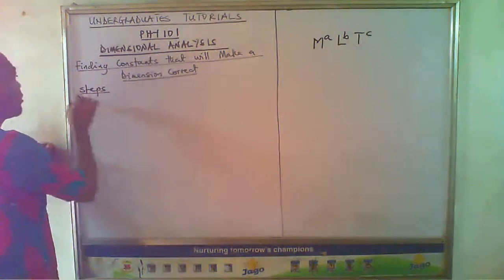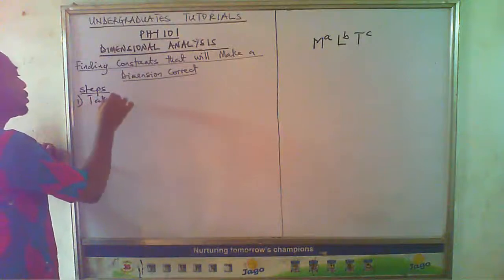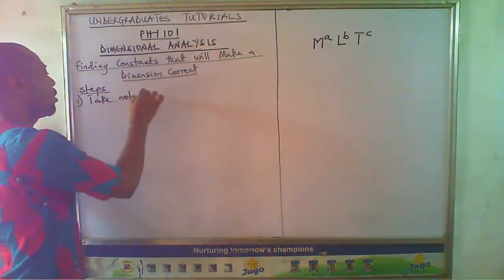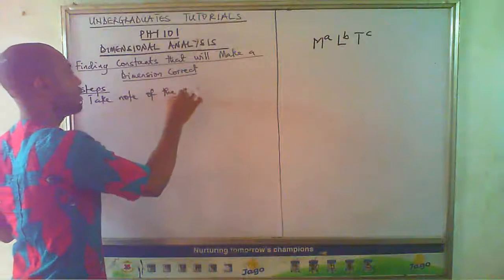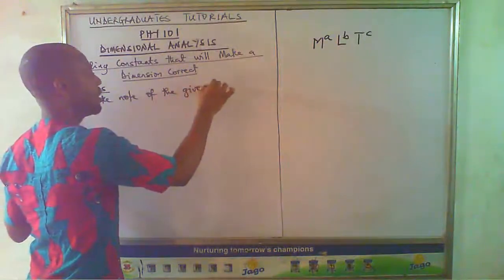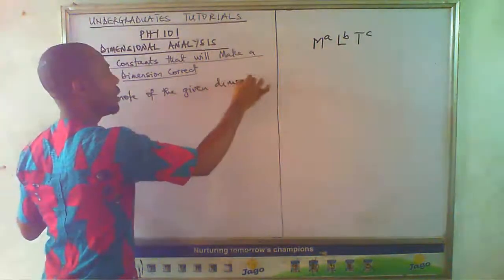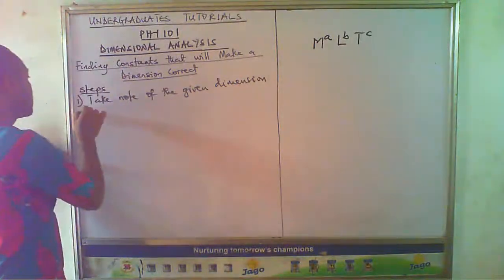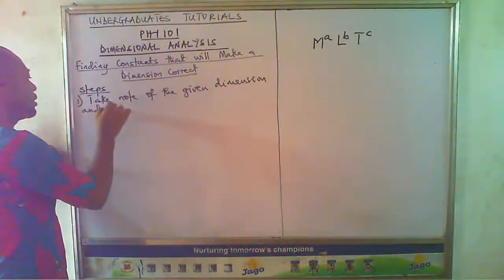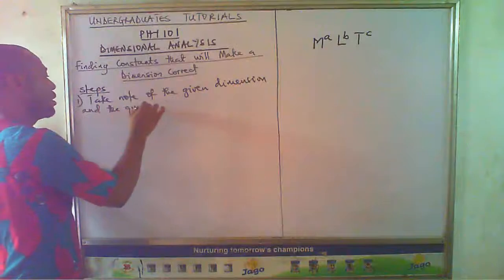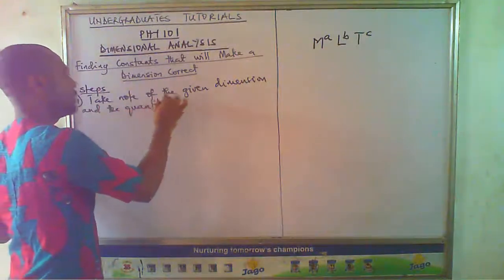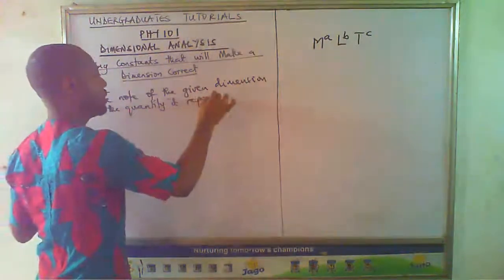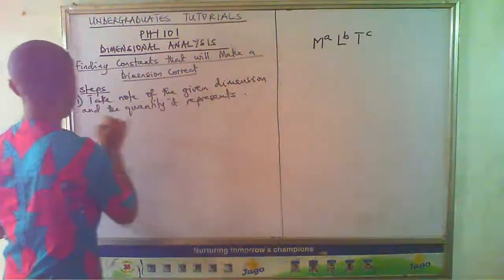Step number 1: take note of the given dimension and the quantity it represents. So that's the first step.